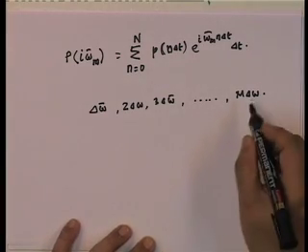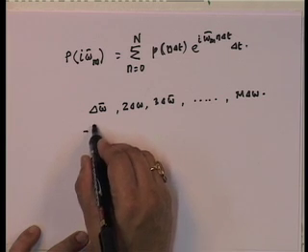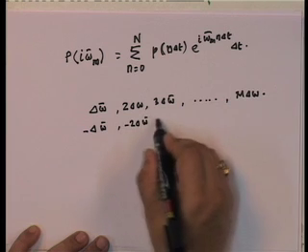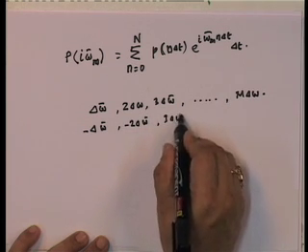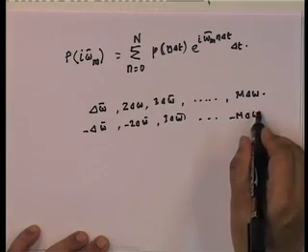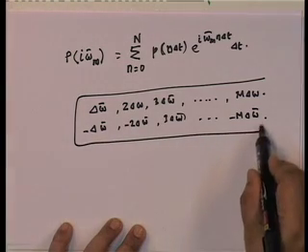Now, note that for every delta omega bar I have a minus delta omega bar, minus 2 delta omega bar, minus 3 delta omega bar, and so on, and a minus m delta omega bar. So, I have to have all of these.